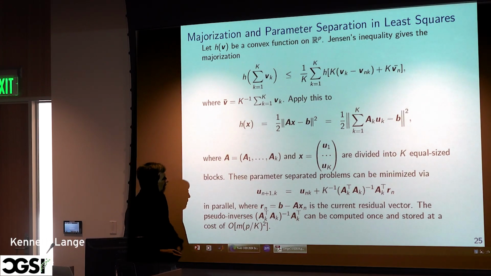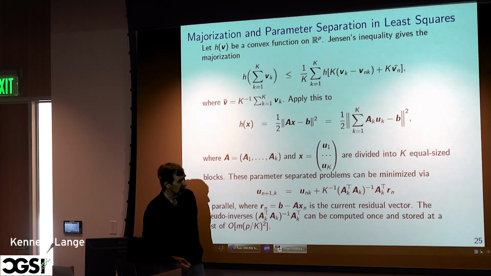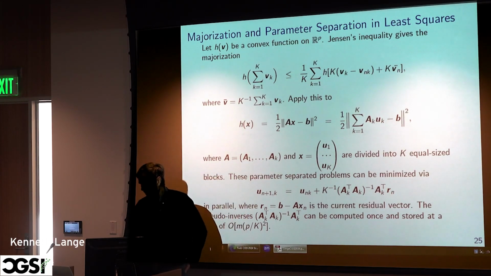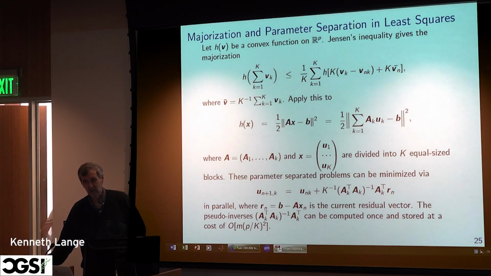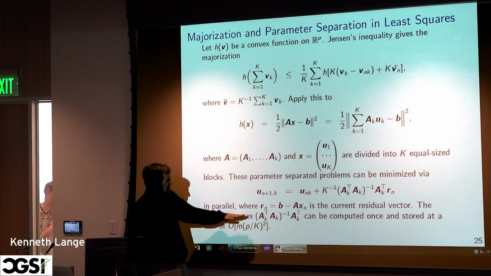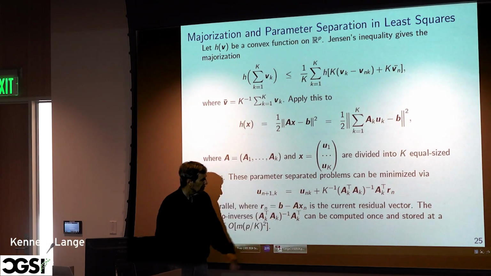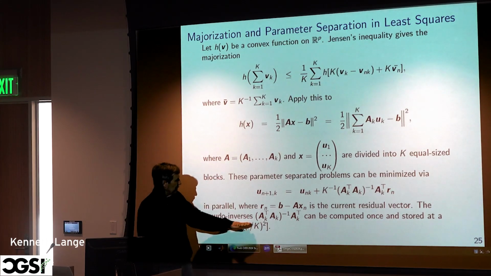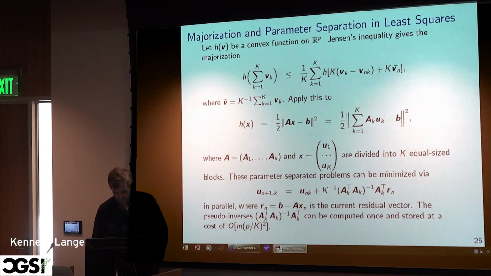If you have 10 processors, what's going to happen? Each processor is going to get a problem that's much, much smaller. Okay, so at each step you compute these residuals. This is a single matrix vector multiplication. You can compute and store these on the GPUs.